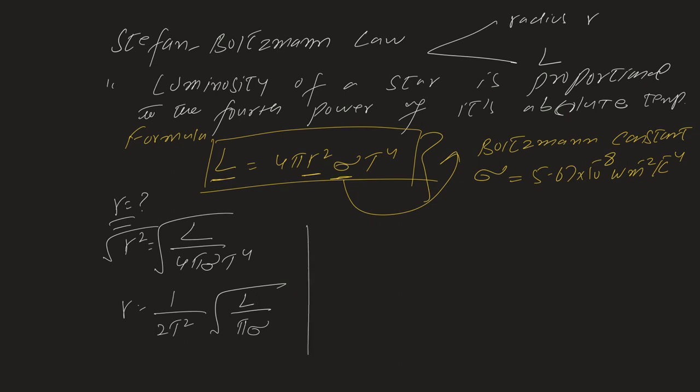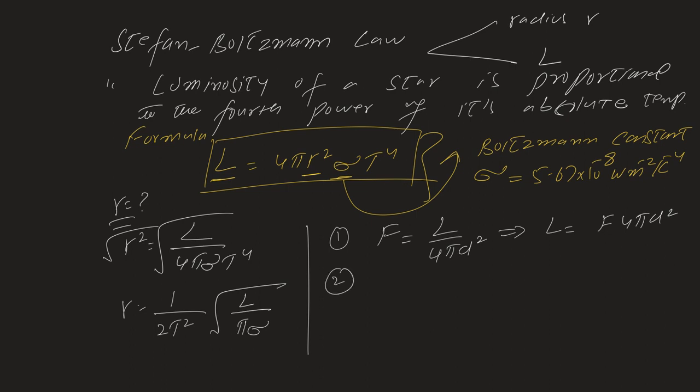Now L can be calculated by applying the formula of radiant flux intensity, that is F is equal to L over 4 pi d square, where d is the distance between the earth and the star, or between the star and that object from which you are measuring radiant flux intensity. So L will be F times 4 pi d square.